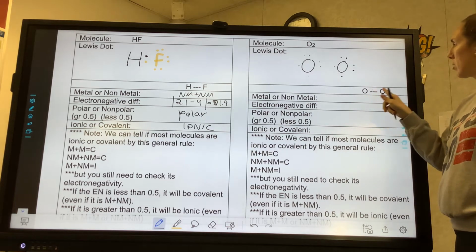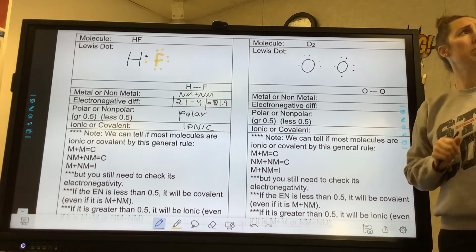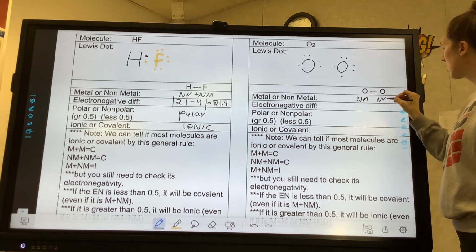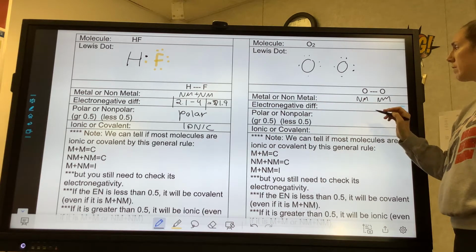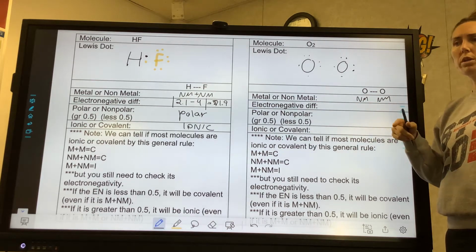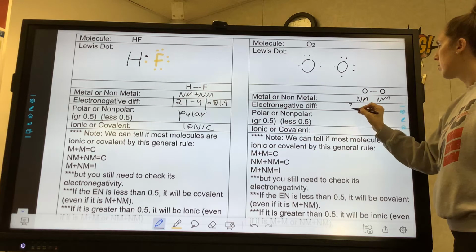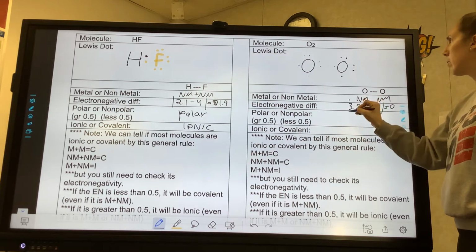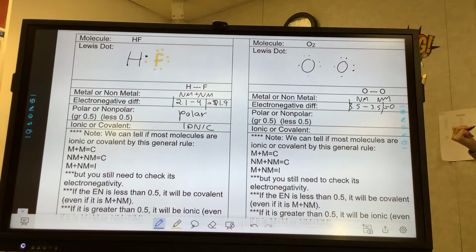Okay, metals or non-metals? Well, based on the periodic table, they're looking like non-metals. Okay. Electronegativity, it really doesn't matter what it is, but what is oxygen again, 3.5? Yes. 3.5 minus 3.5 equals 0. Okay, when it's the same thing, the difference is just 0.